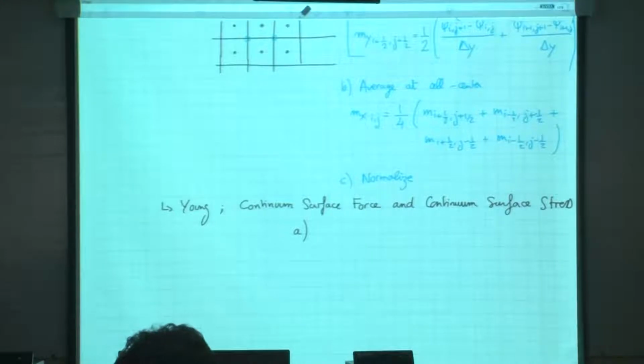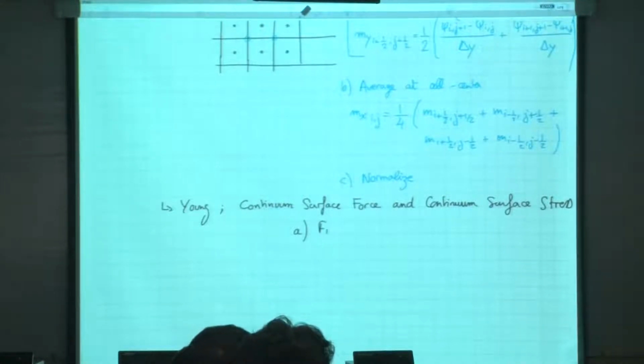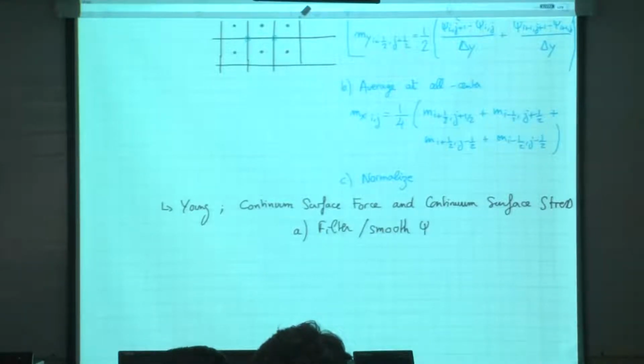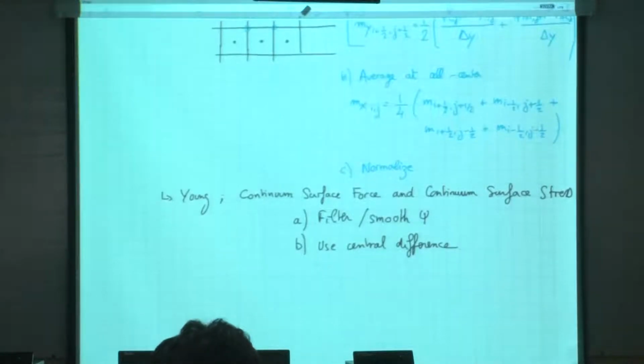Step A is going to be acknowledging that differentiating a discontinuous quantity using simple finite difference schemes is problematic. So we're going to remove the discontinuity, we're going to filter and smooth our psi field. Step B, we're going to use central difference. So this is what's implemented in our code today.